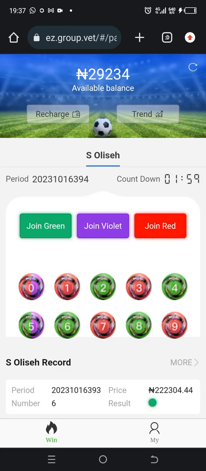Now the amount I'm using is quite high. For this capital, I need something very small, about 15 naira to work on. But I'm taking this risk because I just believe that what has happened in the afternoon will repeat itself in the evening. It's just a personal belief.